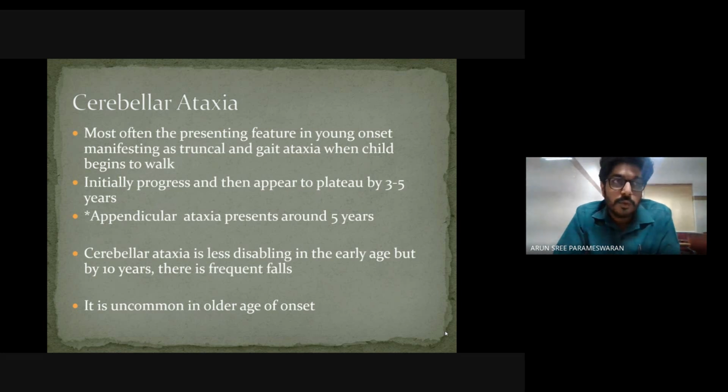When the child attains more developmental milestones, the child is able to compensate for the ataxia with the new skills. The appendicular ataxia, such as dysmetria, dysdiadochokinesia, and intention tremor, are all present around 5 years. Cerebellar ataxia is less disabling. This is important because there are other movement disorders which are more disabling in ataxia telangiectasia, and it is very uncommon in older age of onset.